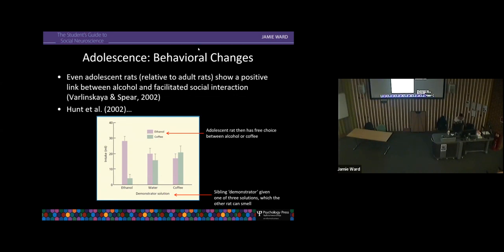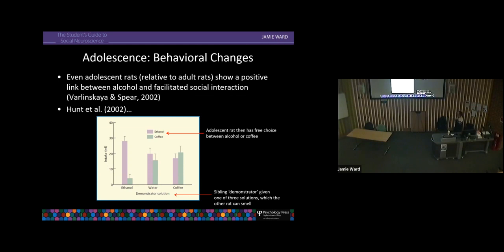Is that right? Yes, exactly. So the rat has a choice of alcohol or coffee, and the demonstrator, who's one of its brothers, is either drunk or been on coffee or been on water. And an adolescent rat will choose to drink alcohol when it can smell alcohol on the breath of one of its peers.